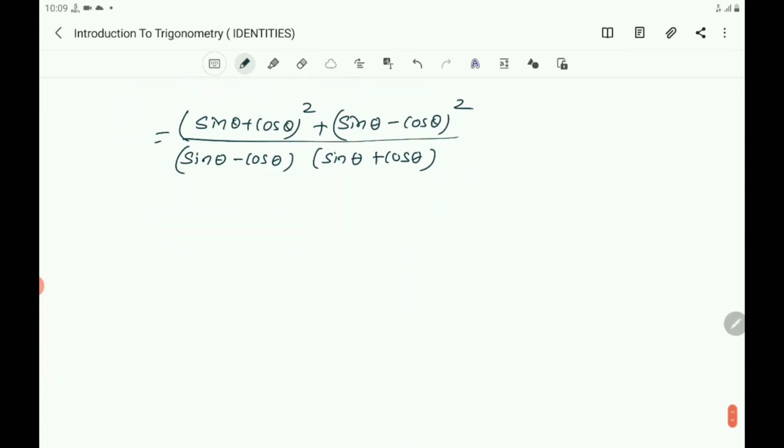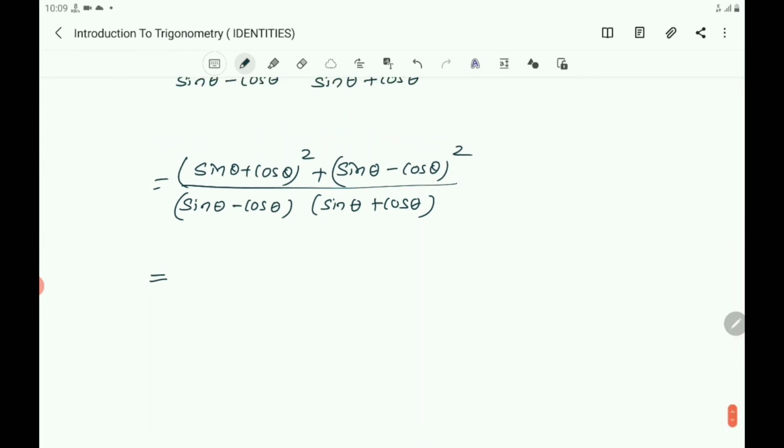Now you expand sin theta plus cos theta whole square by using the identity a plus b whole square, or x plus y whole square. Both are same here, that is a plus b whole square is a square plus 2ab plus b square, or x plus y whole square is x square plus 2xy plus y square, that is square of the first term plus 2 into first term into second term plus square of the second term.